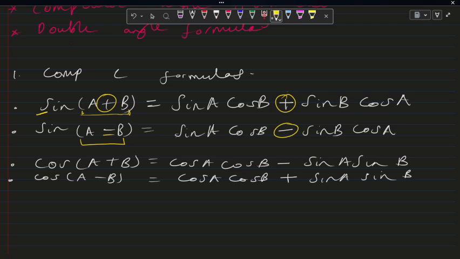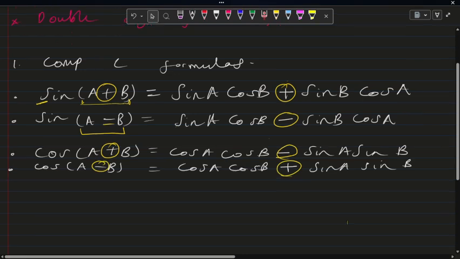What we can see with the cos ratio is that when we are looking at compound angles related to cos, the sign changes. We started with a positive, but the other side has a negative, and here we started with a negative, but this side has a positive.